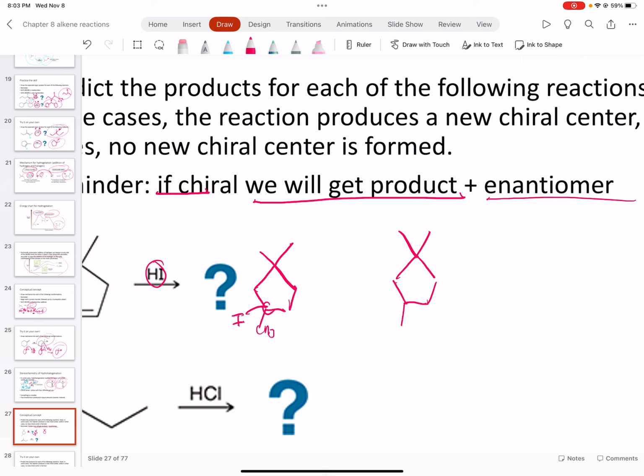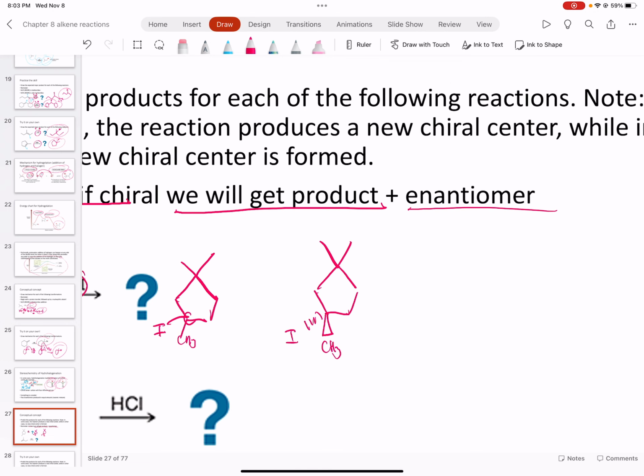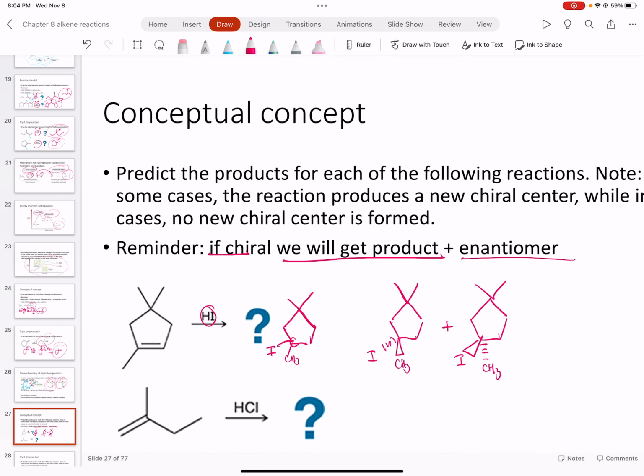So I could either put my CH3 on a wedge and my iodine on a dash, and then I can also put its enantiomer, which can be iodine and then CH3. That's why it says enantiomer, because it can be either way. And then I would erase this one, and this one will be my product.